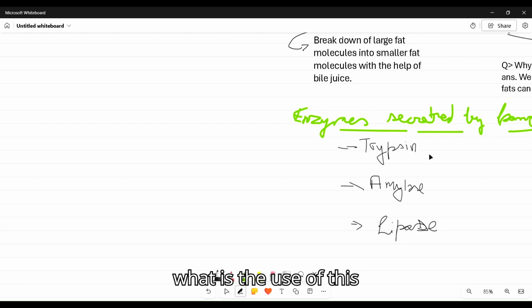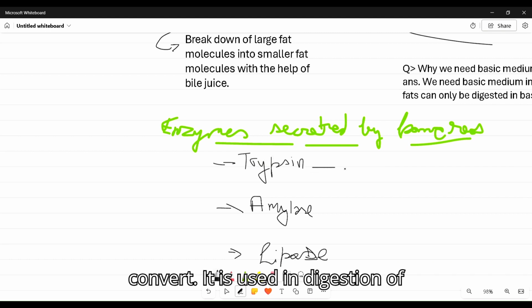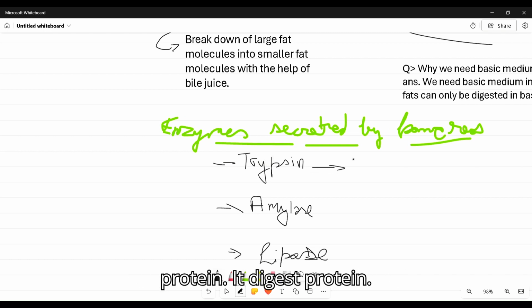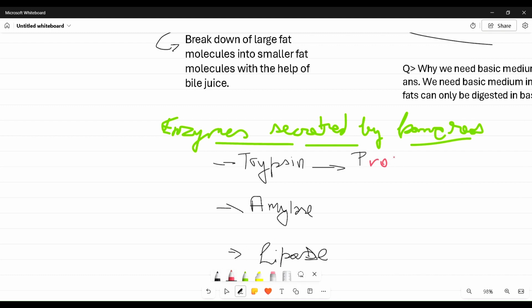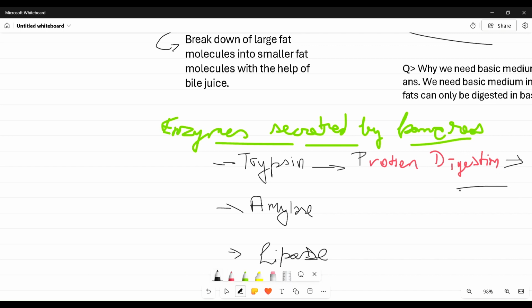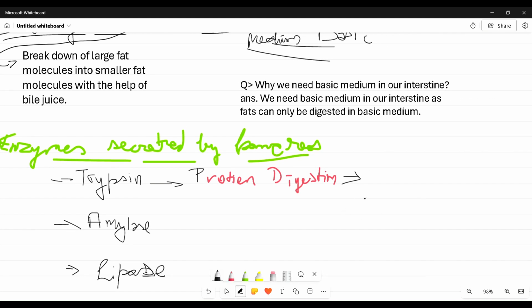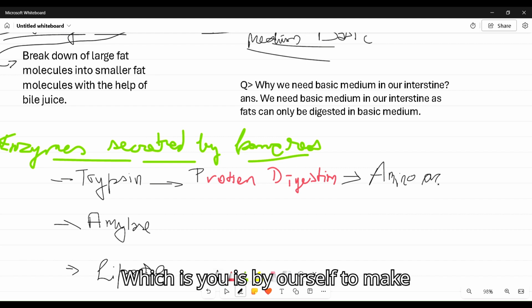So what is the use of trypsin? Trypsin is used in the digestion of protein. It digests protein into amino acids, which are used by our cells.